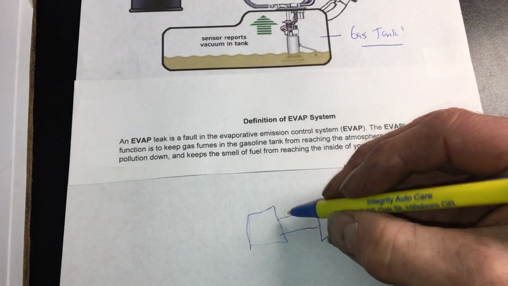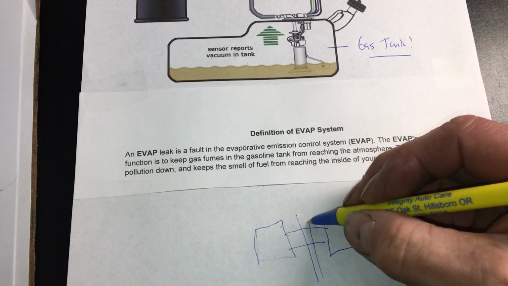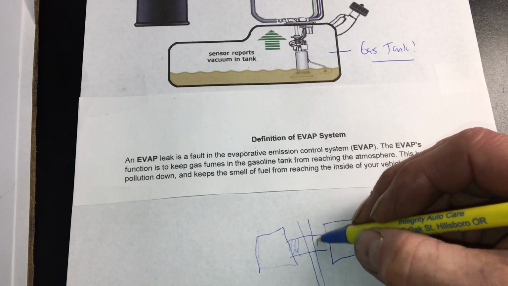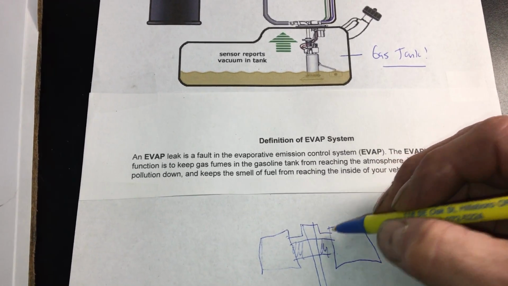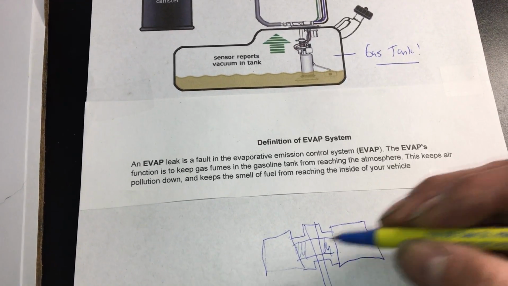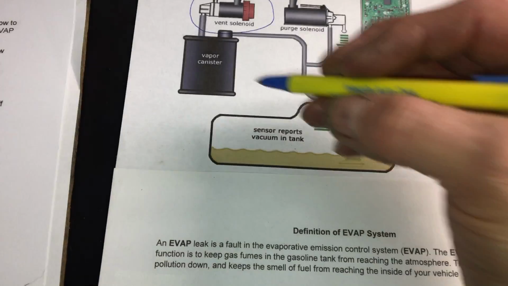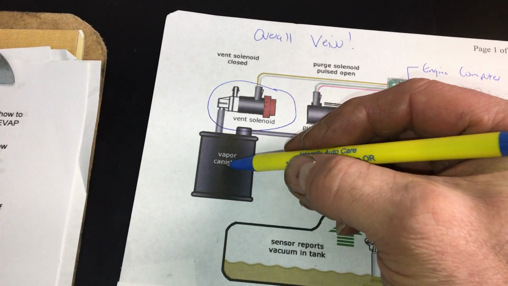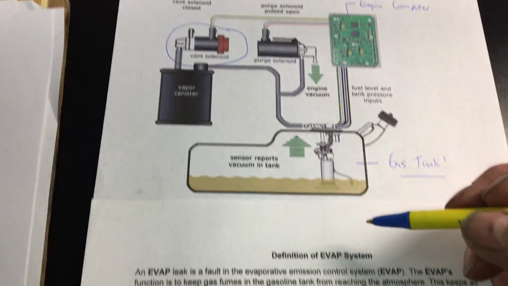So I had connections that go boom, boom, boom, boom, boom, boom. And remember, all these connections, so it had twice the fun here with all these vacuum lines, and it had a very small leak.